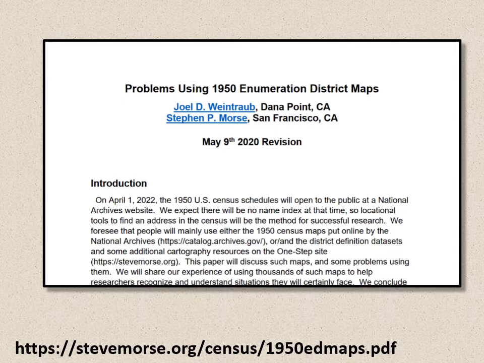It explains some of the problems that you may face. For instance, you expect a map to have north at the top of the map. That may not happen with some of these maps. You may expect to find an enumeration district with a street index. There are no street indexes in the majority of these maps. So take a look at that particular essay.